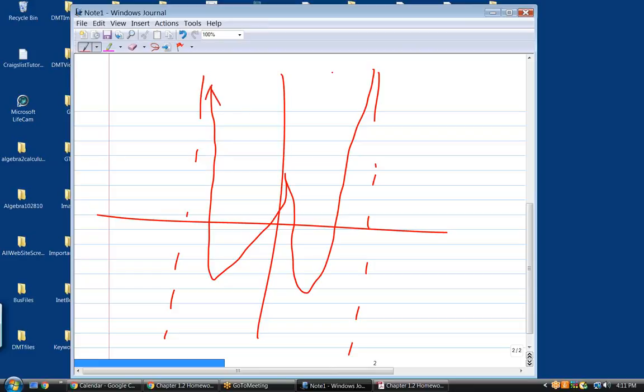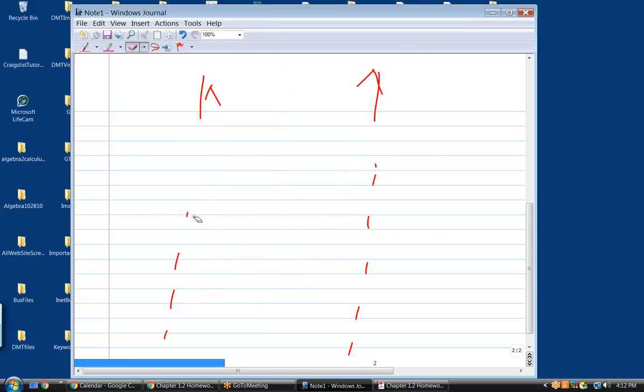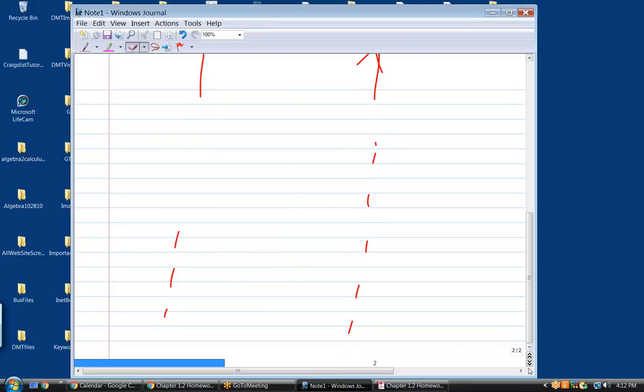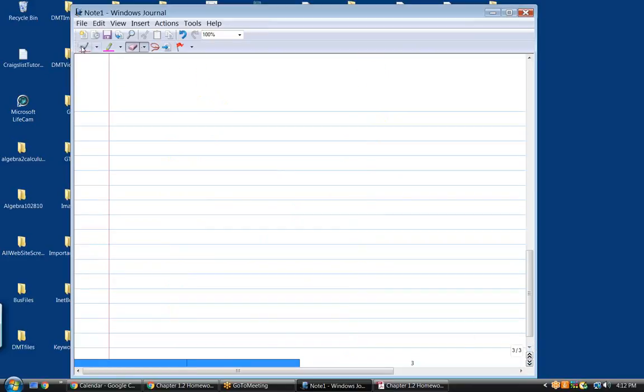You could even still put an arrow on it, because all that arrow means is it goes to infinity in the vertical direction. But as far as going to infinity in this direction, if there's no vertical asymptote, then it goes to infinity in that direction. As an example, let's look at a more familiar function.